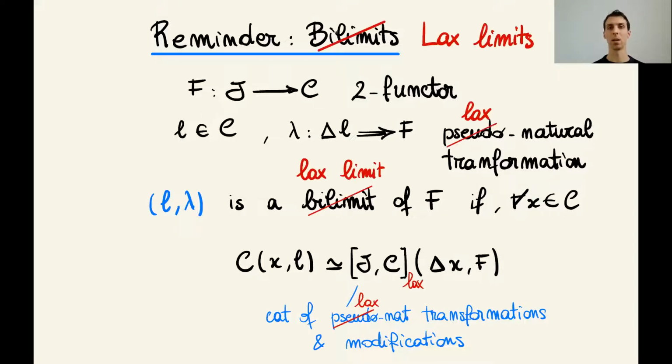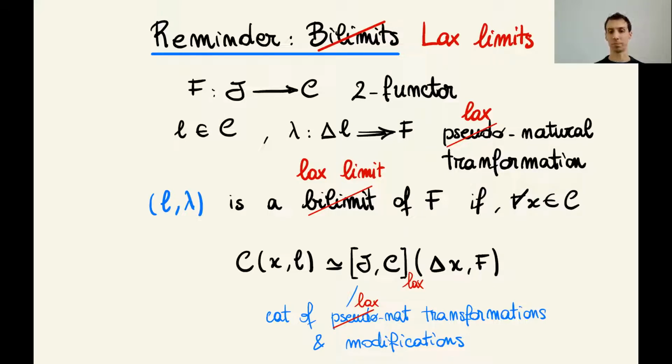We can do something very similar, and instead of asking the two-cells inside these triangles that constitute the cones to be invertible, we can just take any two-cell, invertible or not, and we get the definition of lax limit. So it's the same thing, just we give up the requirement of invertibility.